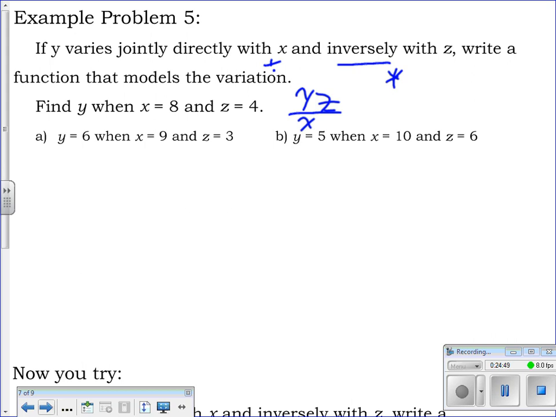Inversely means multiplication. Directly means division. Take the first variable, divide by anything that's direct, multiply by anything that's inverse. YZ over X. Okay? YZ over X. So Y times 4 over 8.